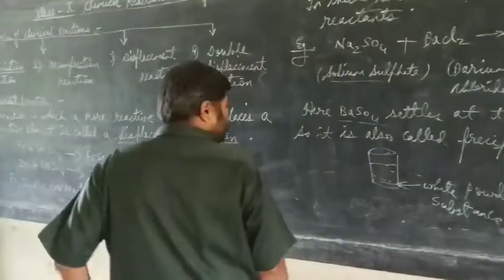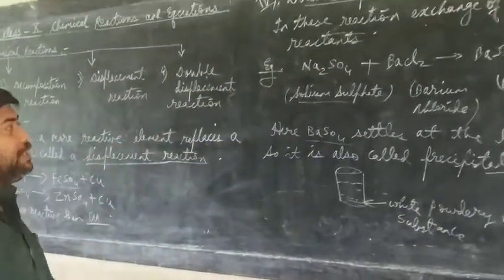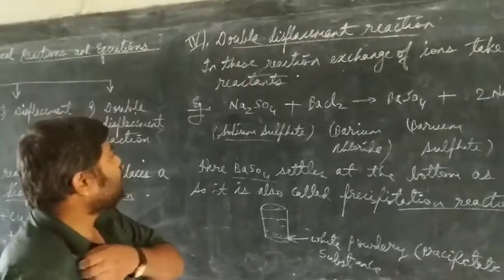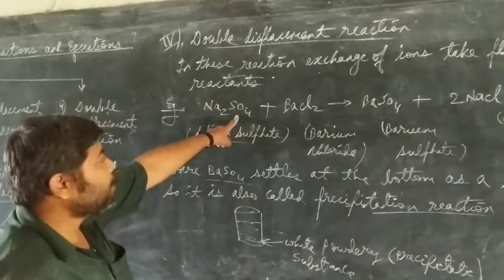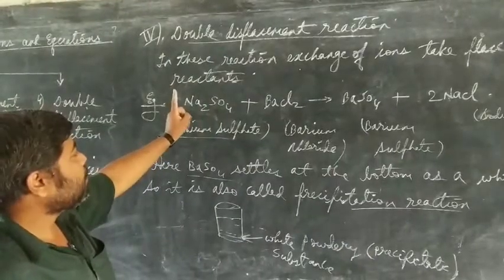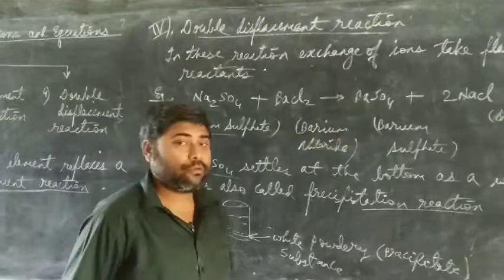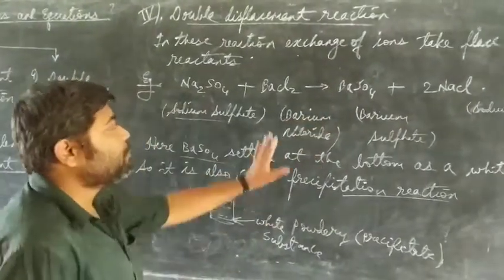Okay. So here in the equation you can see what is happening. Look at here. Sulfate left sodium and combined with barium.